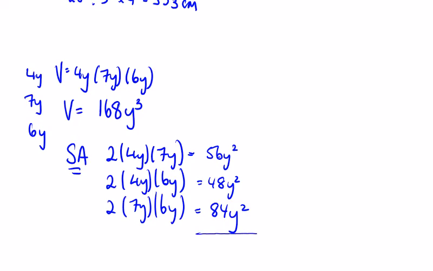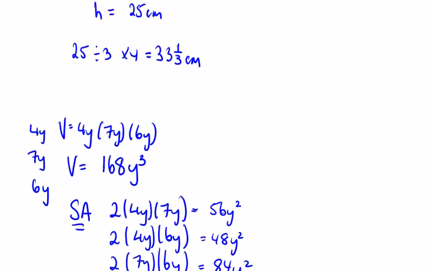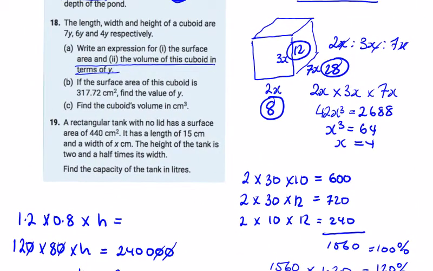Adding these up, 50 and 40, 90 and 80, 170, 170 and 18 is 188y squared. That's the surface area and the volume.